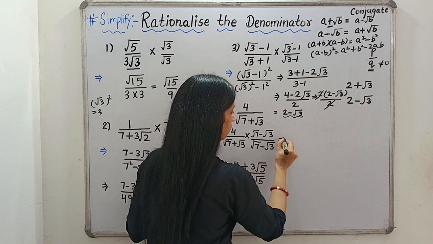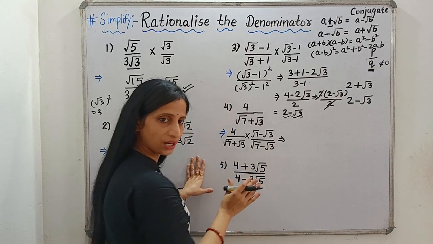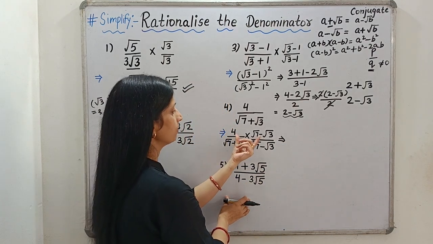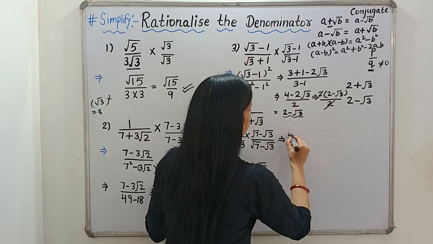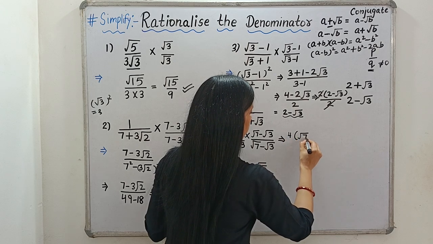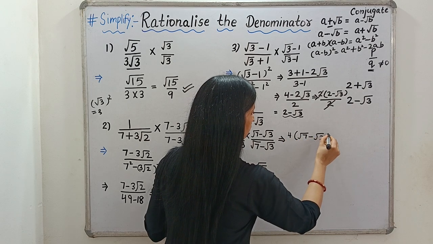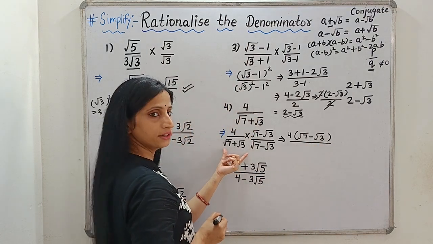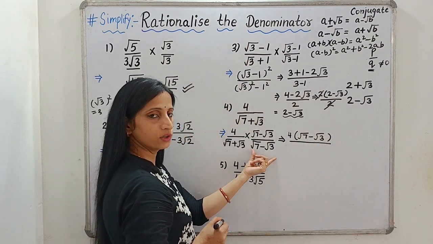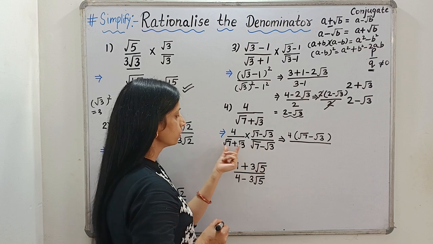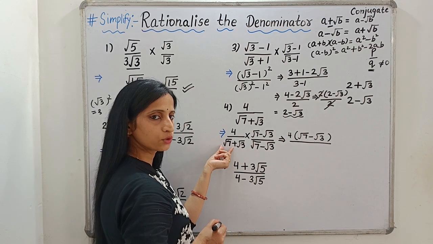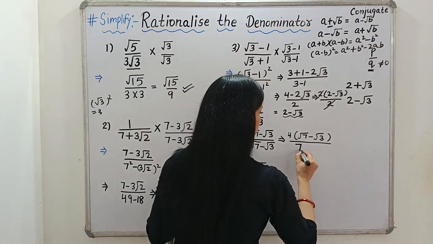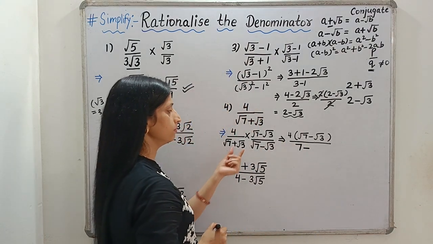Okay, we will solve it in this line only because of lack of space. So let's solve, multiply these two. 4, write in bracket itself, root 7 minus root 3 upon, now it again became the identity a plus b, a minus b, which will be a square minus b square. So a is root 7, so root 7 square will be 7. Put the symbol of minus. B is root 3.